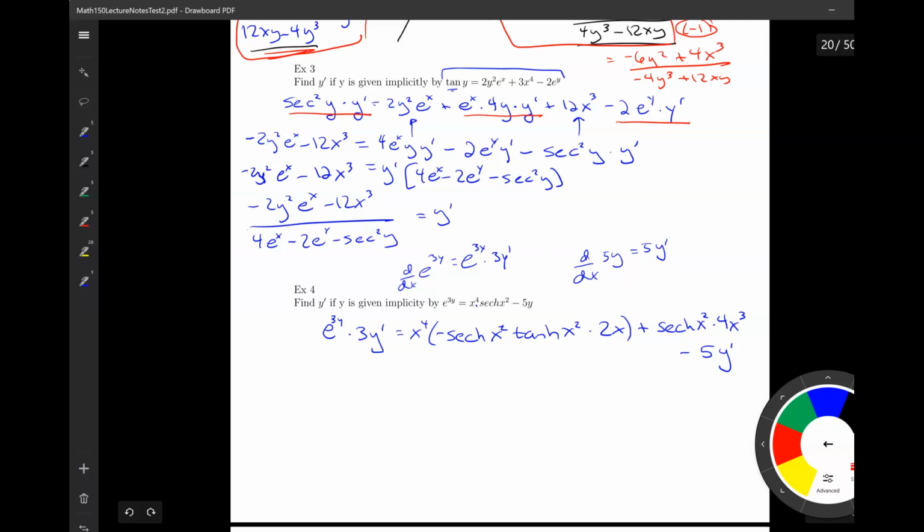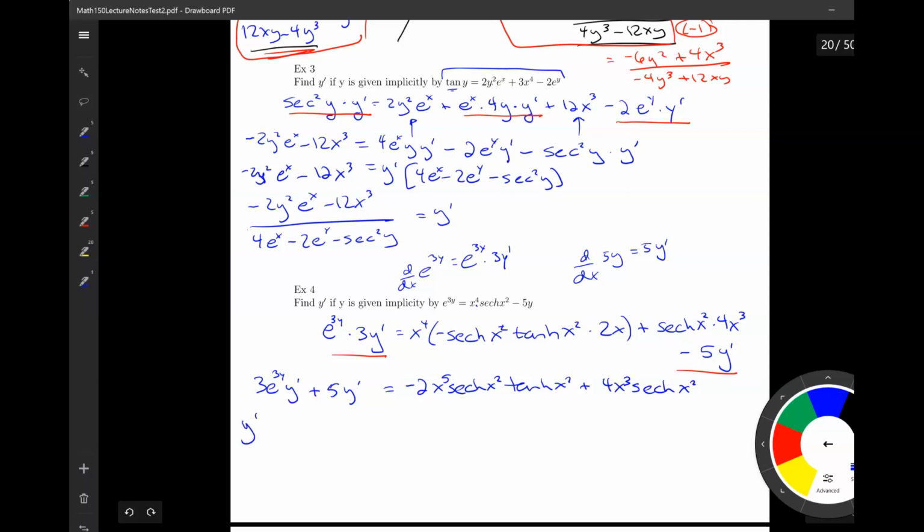All right, so identifying your y prime terms, these 2. So let's add this to the other side. So 3 e to the 3y y prime plus 5y prime. And multiplying this, I'll get negative 2x to the 5th plus 4x cubed.